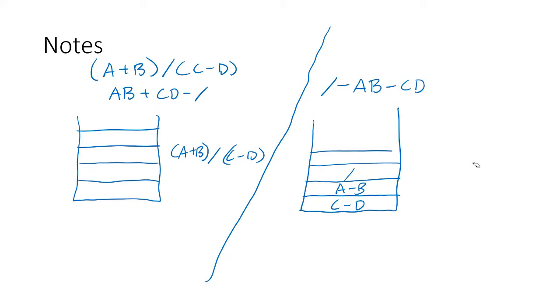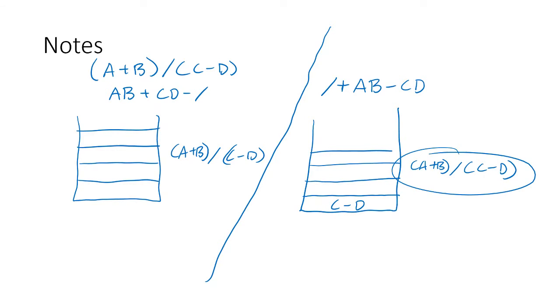Let's pop it off now. We pop off the A minus B. It will be our first operand because it's the first one we pop off. And we pop off the C minus D. I'm sorry, that should have been a plus sign right there. So let's go ahead and change this to a plus to make it true to what we had originally. So there you go. That's how you convert from prefix to infix.